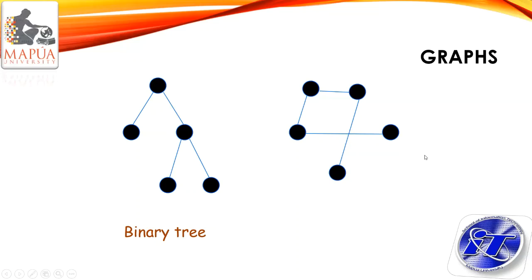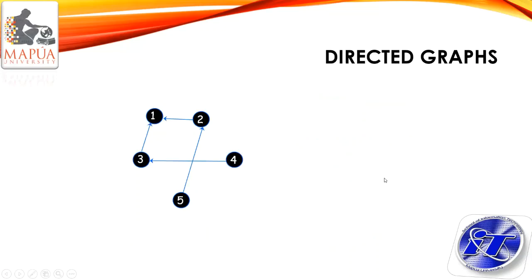And also in the graph, we could consider part of the graph when we analyze it. That part of the graph, we call it a subgraph. So in this example, this is the subgraph, these 3 nodes, part of these 5 nodes. And we also have directed graphs wherein the edges have directions.